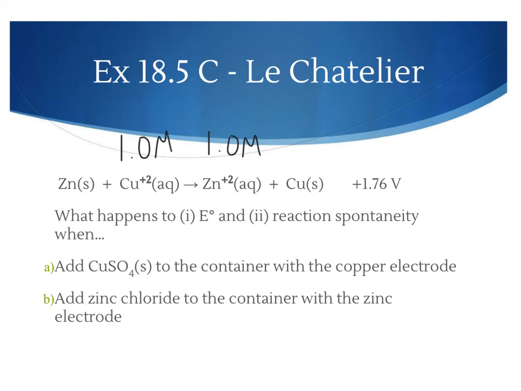Likewise, if we added zinc chloride, that would be a way to increase zinc ions, which is a product, and that would shift left, and shifting left is going to decrease our voltage. So we can use Le Chatelier under a very specific circumstance to see if molarities or voltages will increase or decrease once we're at equilibrium and start moving away from it.